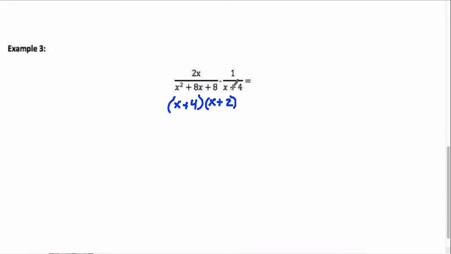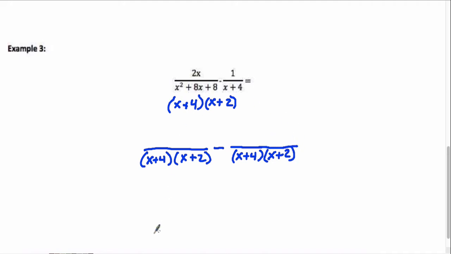So we can see that x plus 4 is a factor of this one. So it looks like our common denominator then will be x plus 4 times x plus 2, and we'll make this one also x plus 4 times x plus 2.